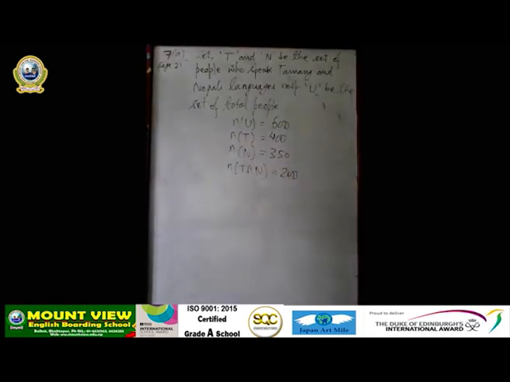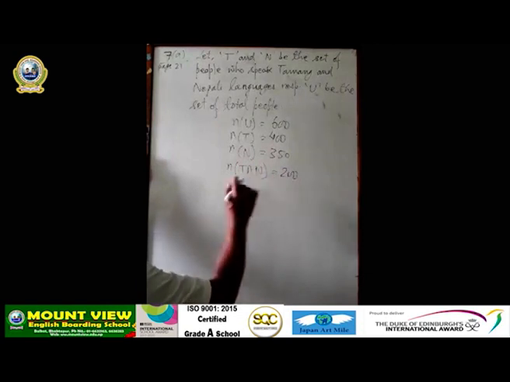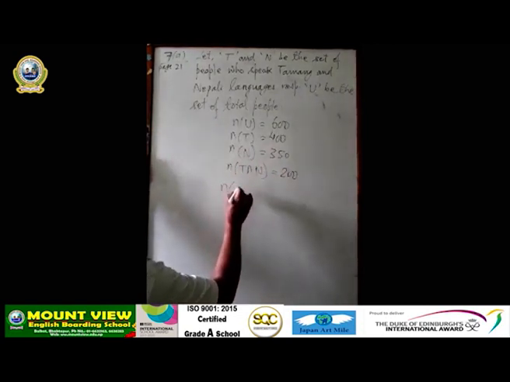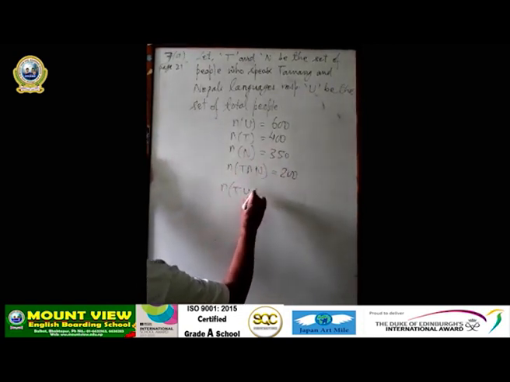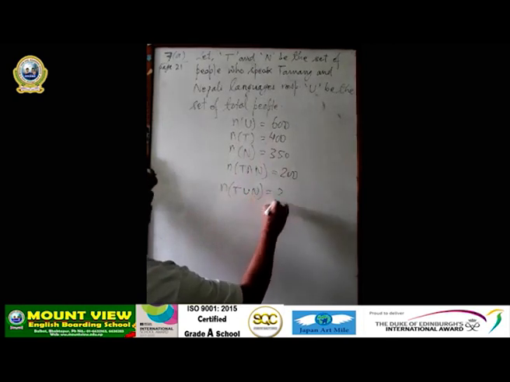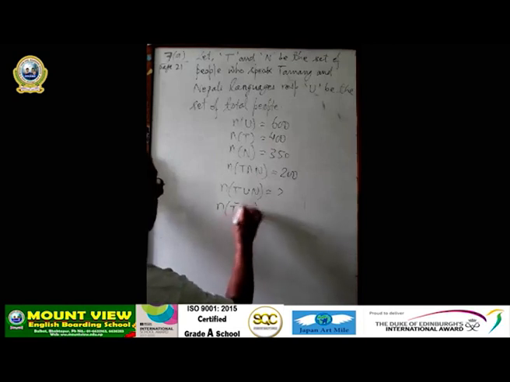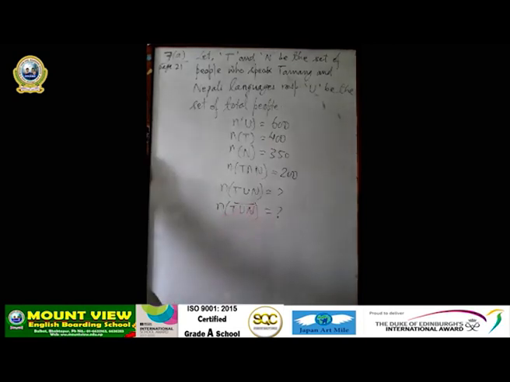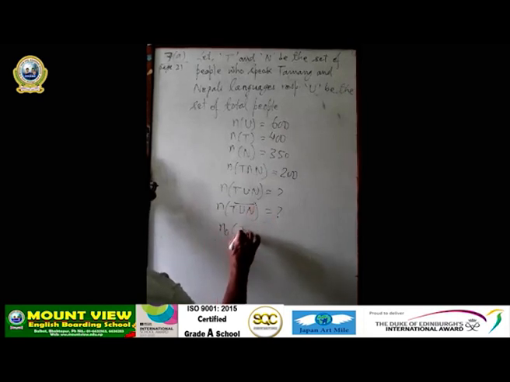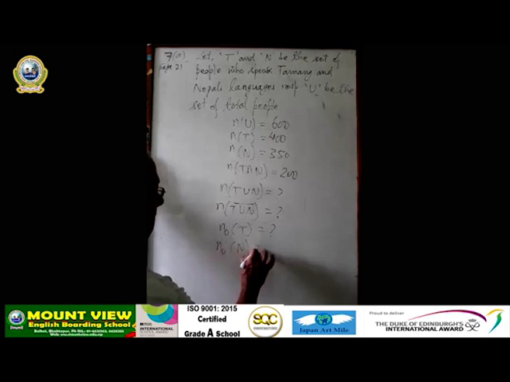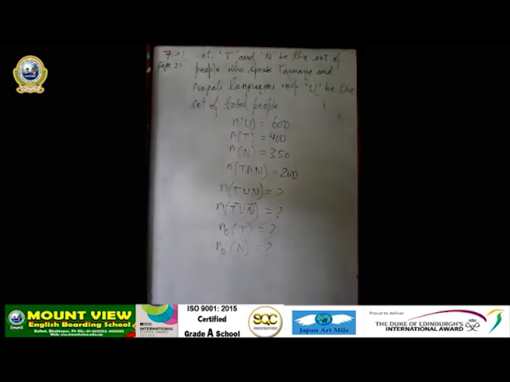Then how many people can speak Tamang as well as Nepali? कति? कुनै पनि बोल्न नजान्ने, तामाङ नेपाली को कम्प्लिमेन्ट कति? ल हेर. अनि ओन्ली तामाङ कति? ओन्ली नेपाली कति? We can ask so many questions.